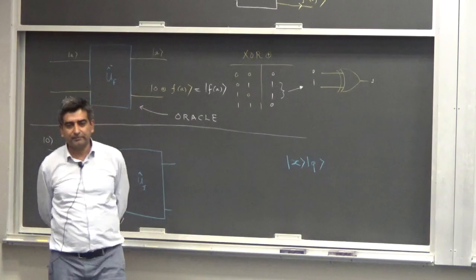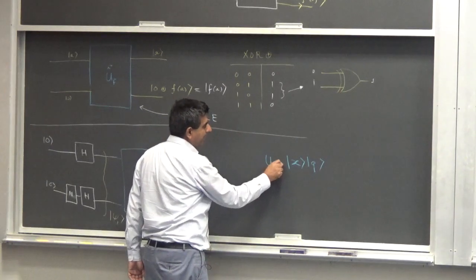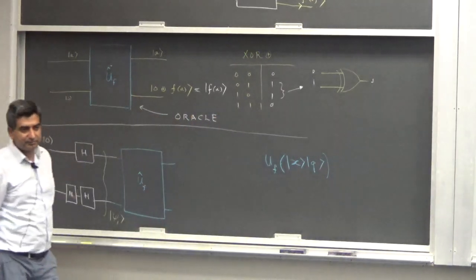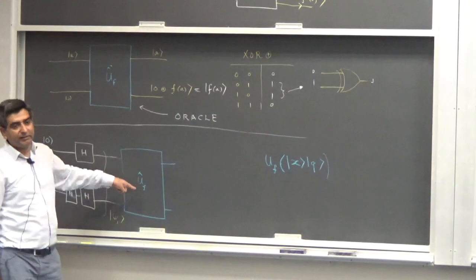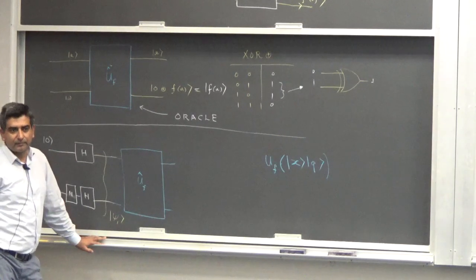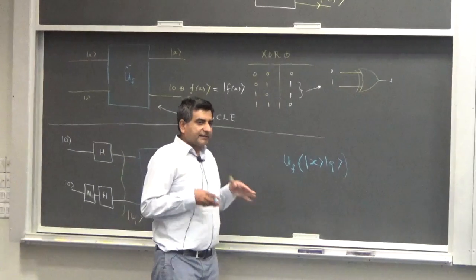Q could be 0 or 1. And there's a unitary operation UF that acts on this input state. So I'm defining what this black box does. Alright. So this is my definition.